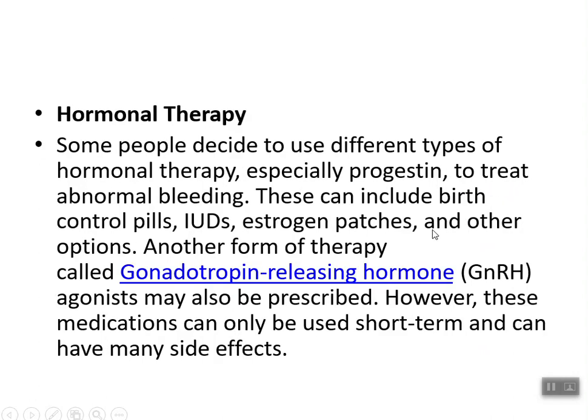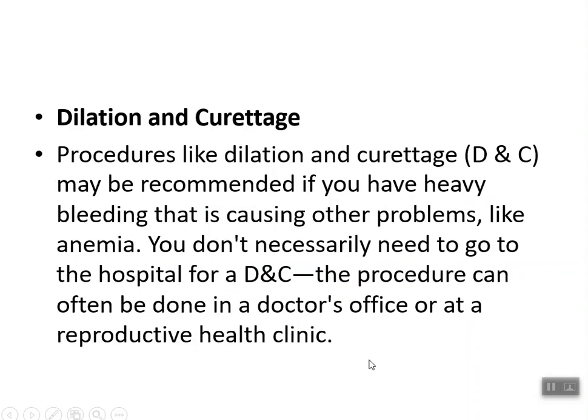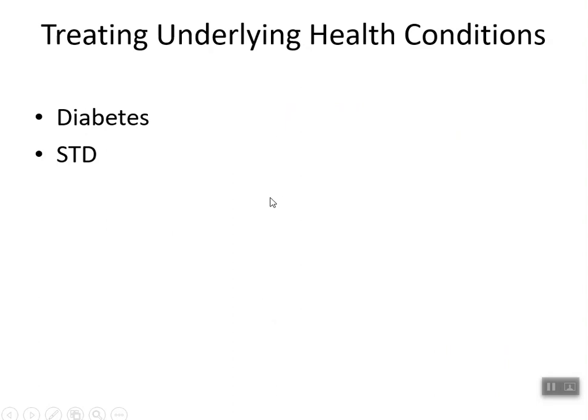Next, hormonal therapy, progesterone only can be used. Next, IUD, birth control pills, estrogen patch, and GnRH agonist therapy. Dilatation and curettage, under the dilatation of the cervix and curettage, the removal of the uterine lining or tissues. Treatment of the underlying health conditions, such as diabetes and sexually transmitted diseases. That's about metrorrhagia.